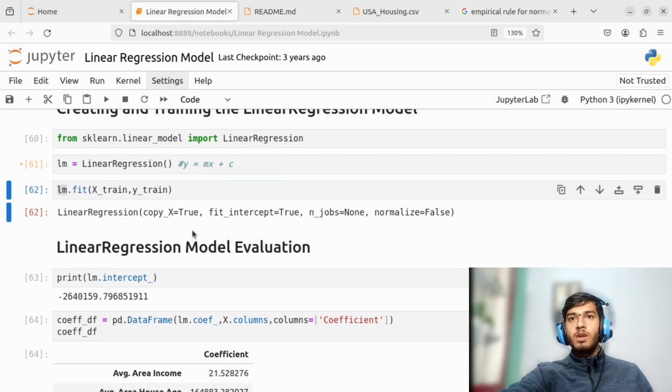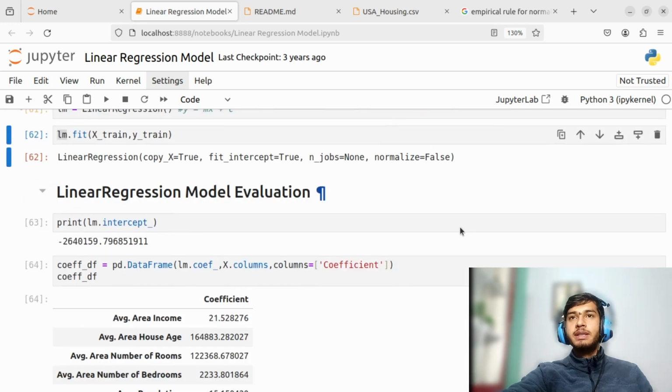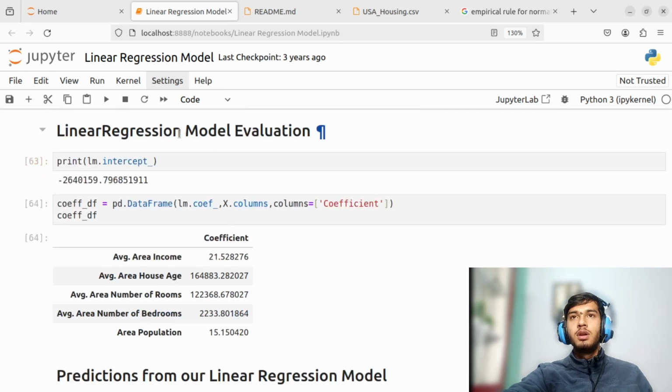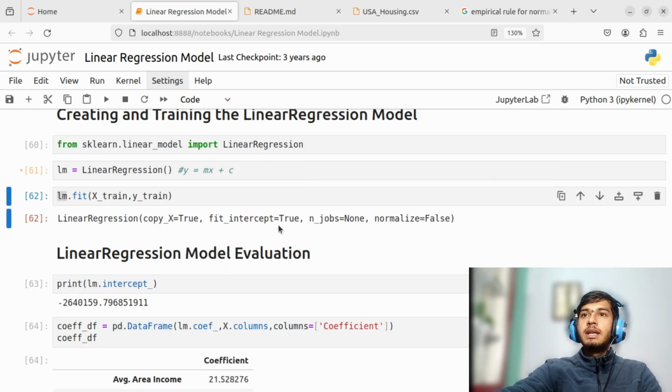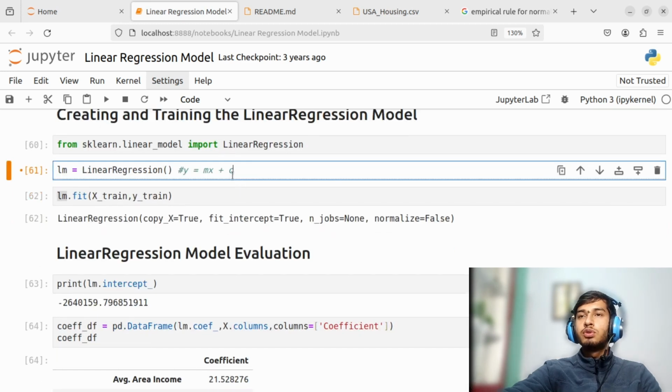Now you will evaluate your model, to see how accurate it is. How will you do it? You will give your test data set to it. Now I was talking about the intercept. This c, sometimes you may call it bias, and sometimes you may call it intercept.